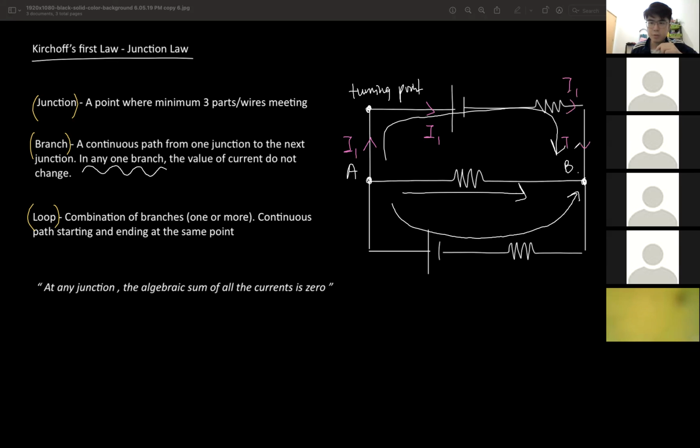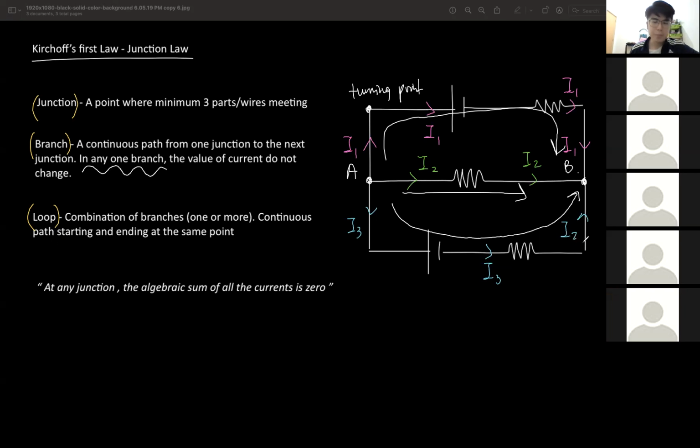This is also I1. But the current in the middle branch could be different. Sometimes it is the same, but the way we label it, we have to label it differently because it is on another branch. So let's say I put I2, and here I put I3.